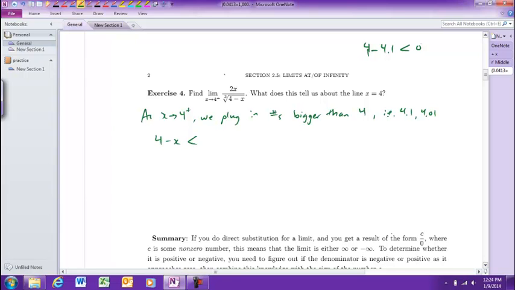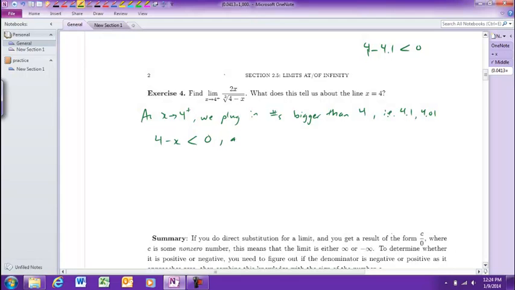You're going to get a negative number because you're subtracting a bigger number. So in general, 4 minus x is going to be less than 0. It's going to be a negative number as x approaches 4 from the right.